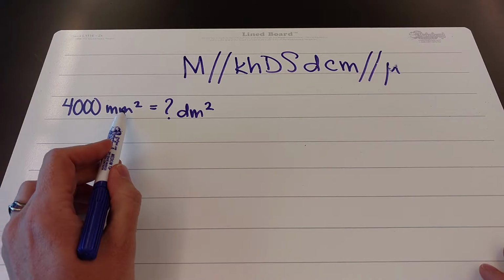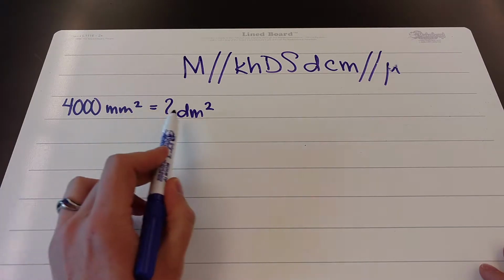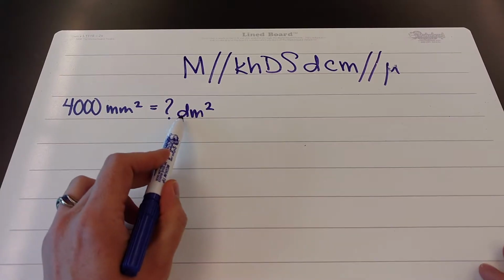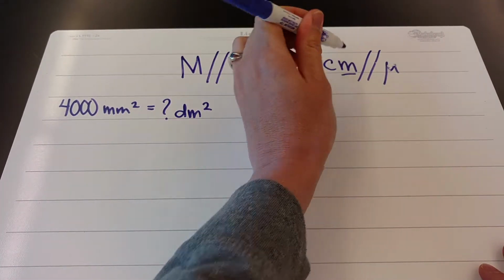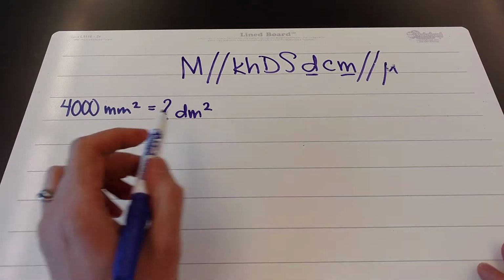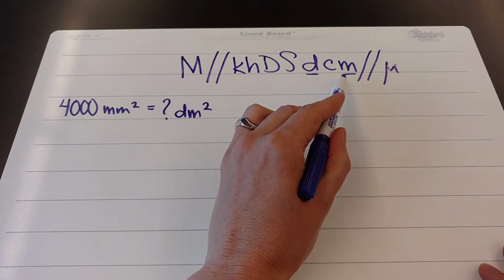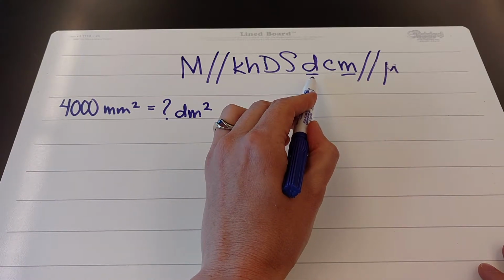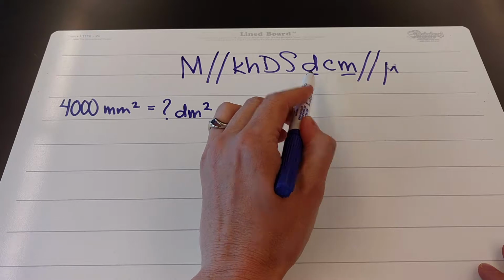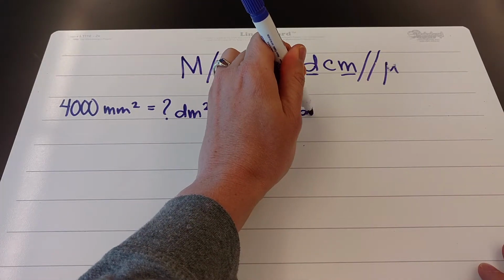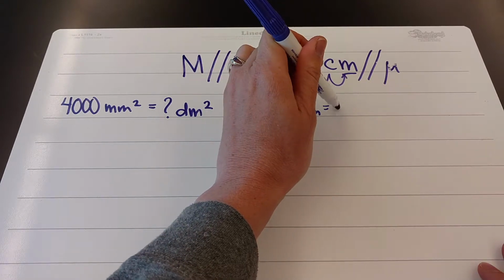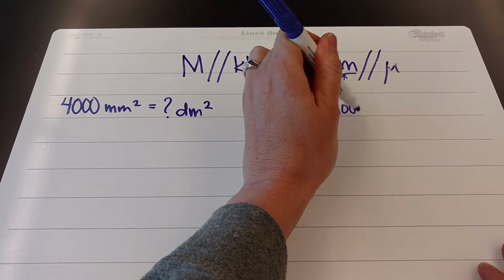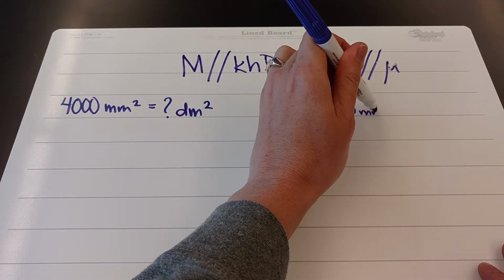Remember, when you have the two letters in your unit, mm, dm, you're looking for that first letter in the line. Okay, so D for my dm, m for my mm. Now I'm going to look at which one gets the 1. Okay, the one that comes first in the line is bigger, and it's going to get the 1. 1 decimeter equals 2 spaces away is 1 with 2 zeros, or 10 squared millimeters.